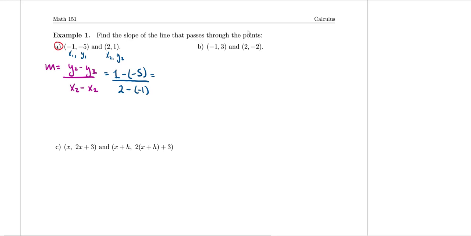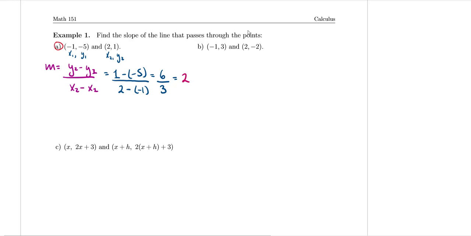So what is 1 minus a negative 5? That's the same thing as 1 plus 5, which gives us 6, divided by 2 minus a negative 1, so it's 3. So it looks like the slope is 2. And there we go. The slope of the line passing through these points is equal to 2.